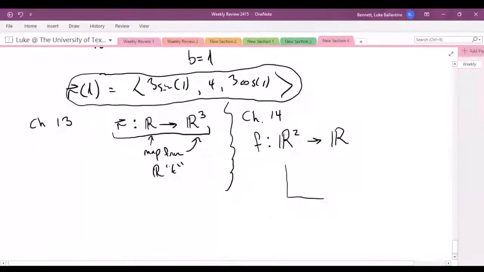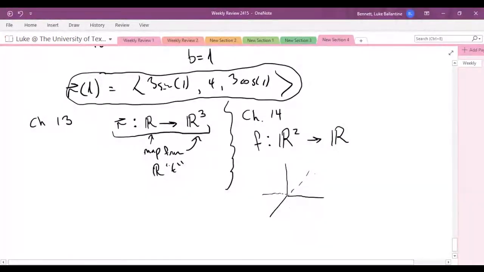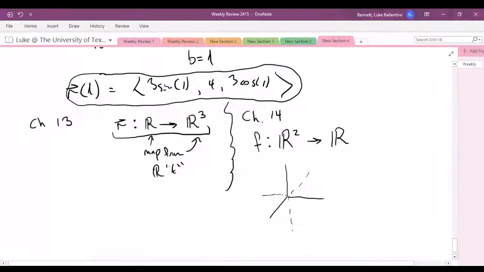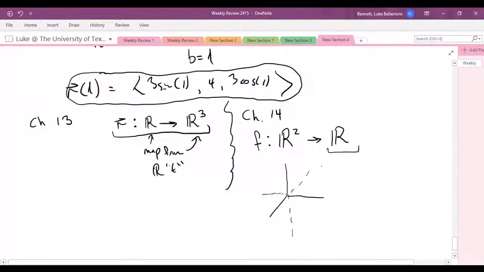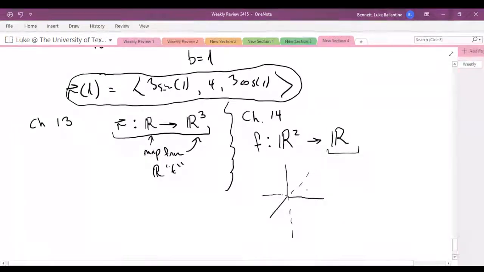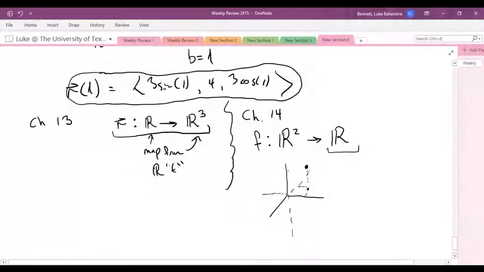So we have like a 3-dimensional drawing. My domain is potentially this whole entire plane. And then we map to a z value. And that's the output. So we have a point on the XY plane, and then we go up some height, and that's our output of our function.